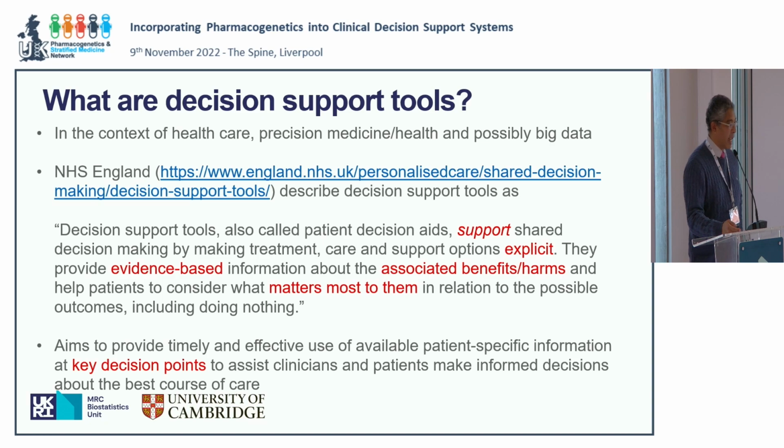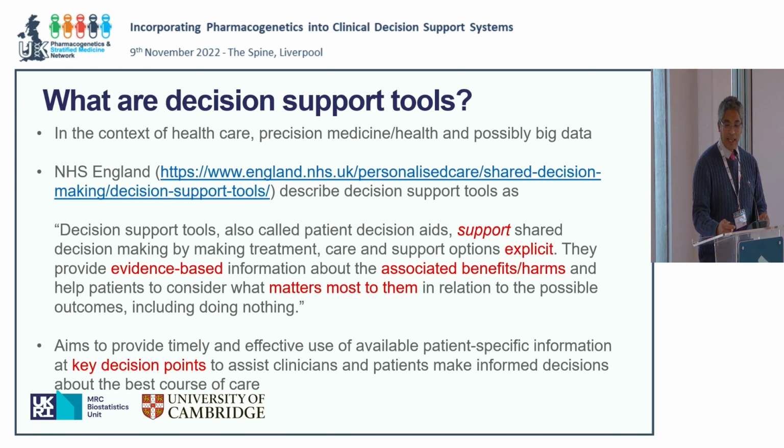So the NHS England's definition describes decision support tools as aids that support shared decision-making by making treatment, care and support options explicit. They provide evidence-based information about the associated benefits and harms and help patients to consider what matters most to them in relation to the possible outcomes, including doing nothing.